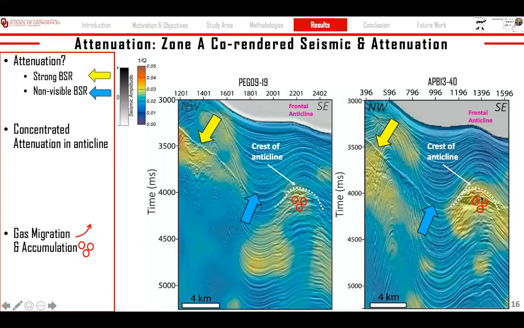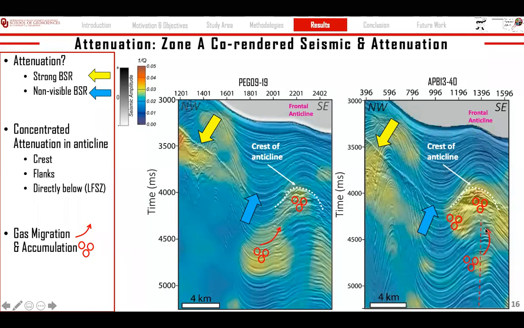again suggesting a likely accumulation and presence of free gas that would have migrated up through the flanks or the crest of the anticline feature. We also observe a high attenuation in the APB13 survey directly beneath the anticline crest, which would support the presence of free gas that would migrate up through the faults located beneath the anticline.